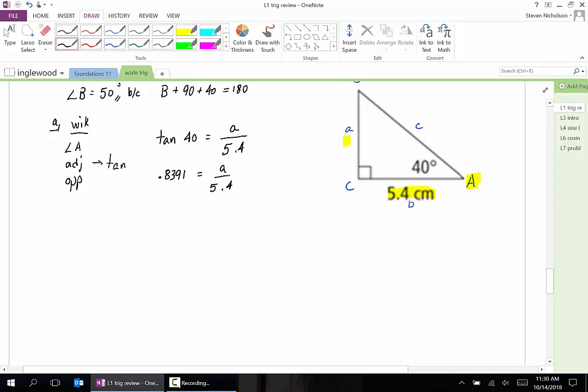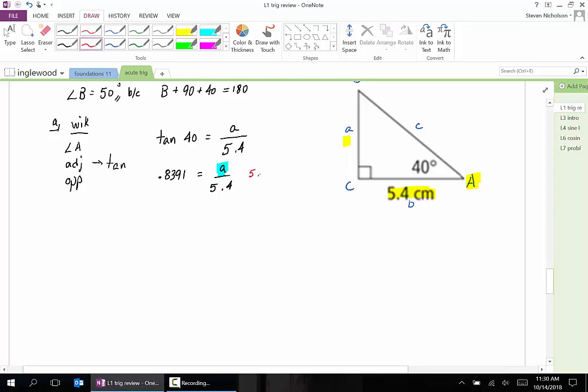So now we have a nasty looking thing, but it really is just a simple equation. And remember what we want to do in a simple equation: we want to isolate the letter, and in this case we want to isolate A. In this example we have to undo a division, and we undo a division with a multiplication.